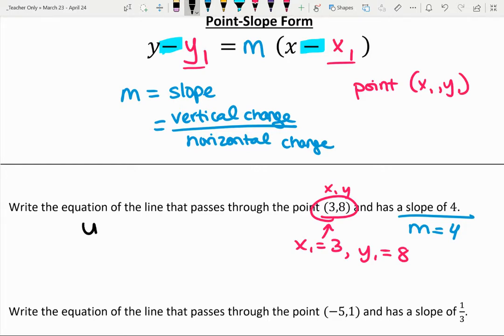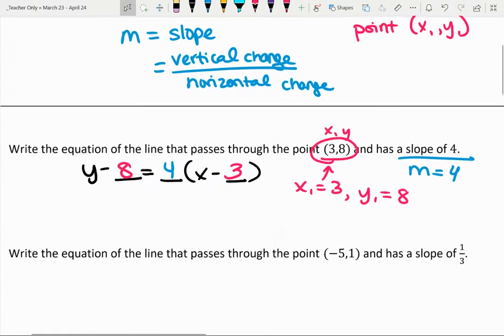So I'm just going to rewrite that: y minus y sub 1 times m times x minus whatever that value is, and I'm going to replace it. My slope is 4, and then my coordinate point, I had 3 in my x sub 1 and 8 as my y sub 1.